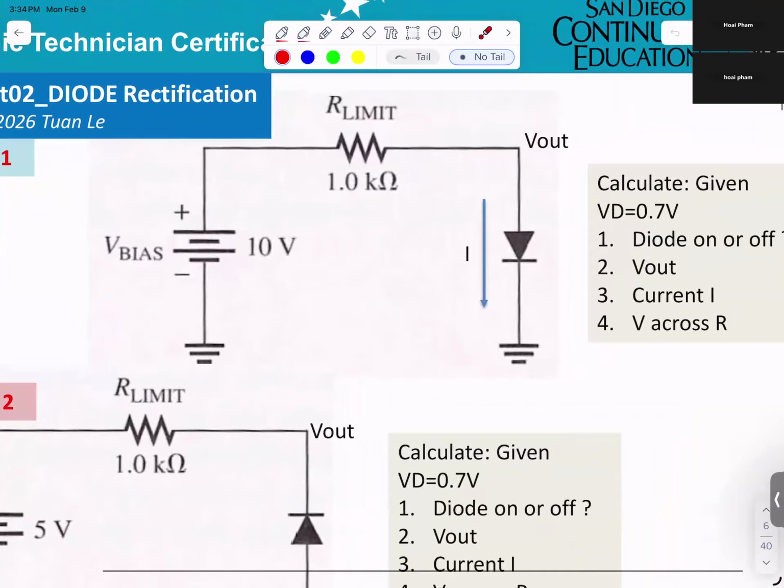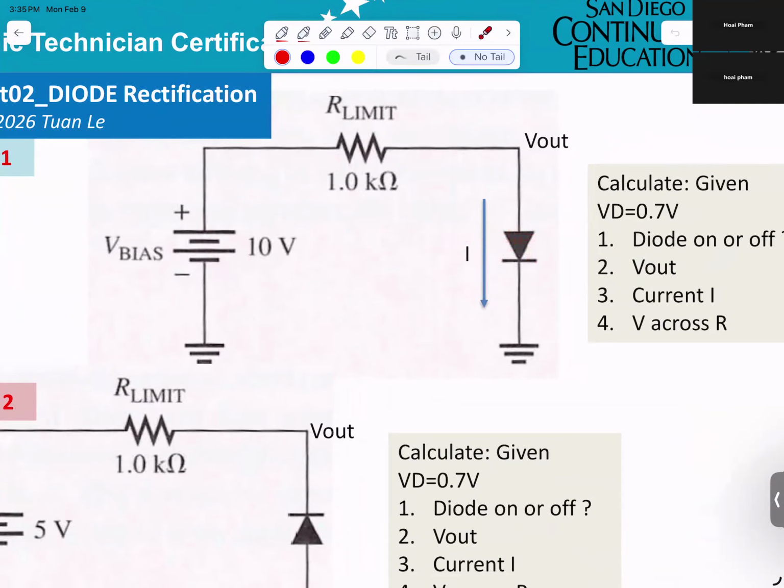Again, for this diode, the question is diode on or off. We have current I, we have R. So when you see the diode, good thing, you're supposed to imagine no diode here.